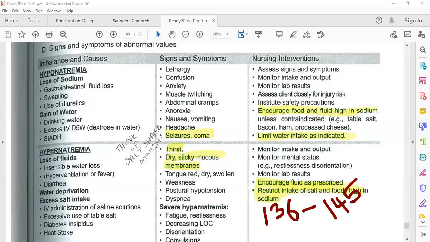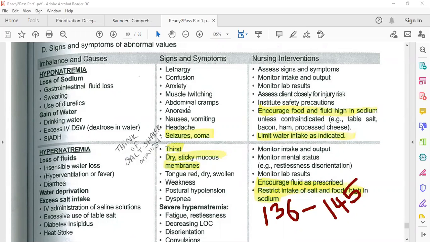So what else are the signs and symptoms of hypernatremia? Patients who have hypernatremia commonly present with tachycardia, muscle twitching or muscle weakness.